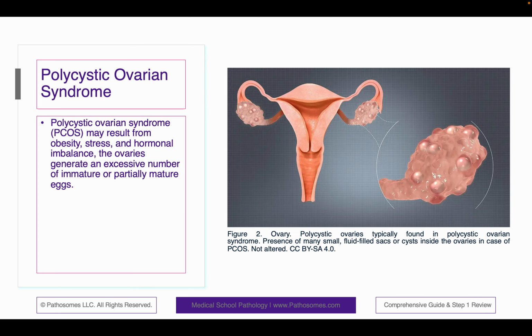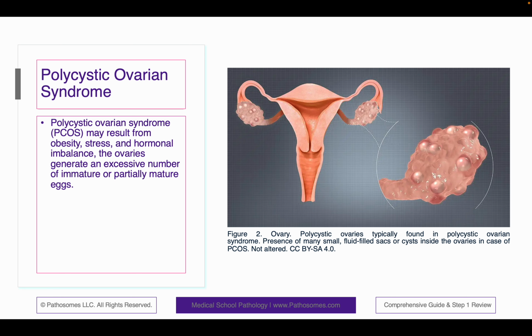So now let's talk about a very common entity, polycystic ovarian syndrome. What is that? Well, the name describes it. Polycystic ovarian syndrome is polycystic ovaries associated with syndromic-like features. PCOS may result from obesity, stress, and hormonal imbalance.